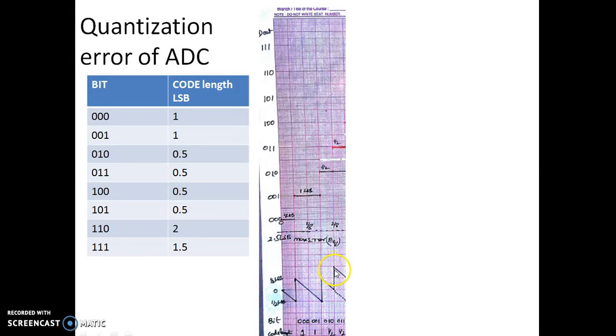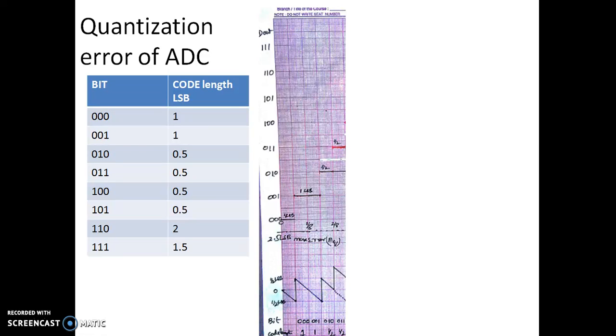So the quantization error is more here, and we are still representing the input voltage from 2/8, which is 4/16, to 5/16. The representation of the output is 0, 1, 1. The quantization error is maximum here, and that quantization error will reduce.